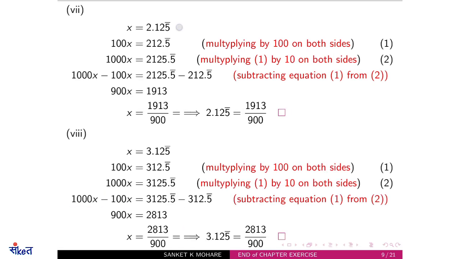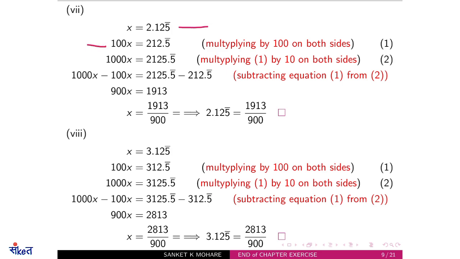Next example, number 7, x equal to 2.125 bar. In this decimal number, two digits are non-repeating, that are 1 and 2, and only a single digit, that is 5, is repeating. So we will first multiply by 100 on both sides. Therefore we get 100x is equal to 212.5 bar. We'll call this equation 1. Now since one digit is repeating, we multiply equation 1 by 10.